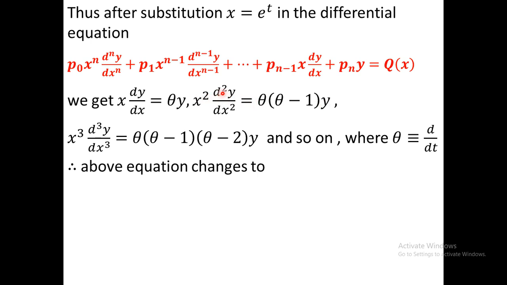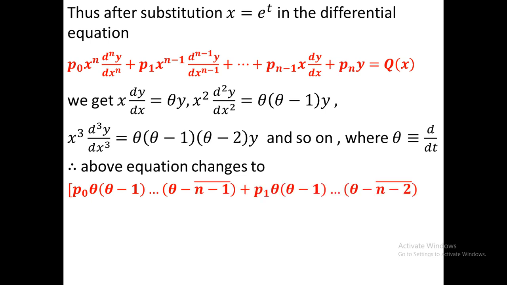In x² d²y/dx², this contains two factors, starting from θ and then θ−1. In x³ d³y/dx³, this contains three terms, starting from θ and then θ−1, θ−2. Therefore x^n d^ny/dx^n contains n terms, θ(θ−1) up to θ−(n−1), and similarly this contains n−1 terms, up to θ−(n−2). Therefore the above equation changes to that.